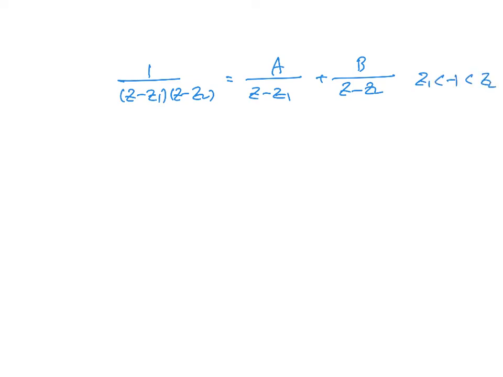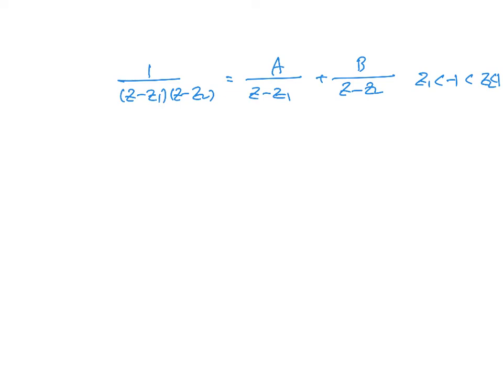So Z minus C1, Z minus C2, A over Z minus C1, Z minus C2. So Z1 is minus 1 over Z2. It's less than 1. So Z2 is only inside of the circle. And how do you calculate the partial fraction? That's very easy.